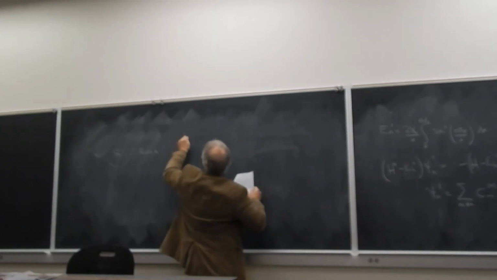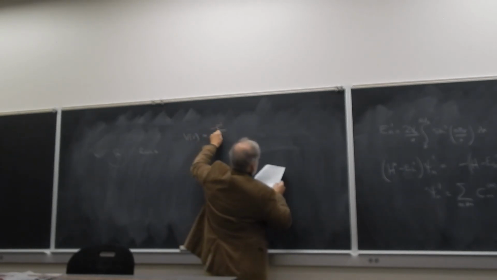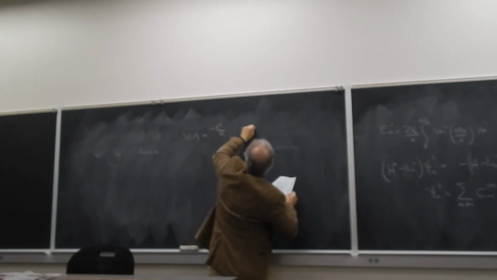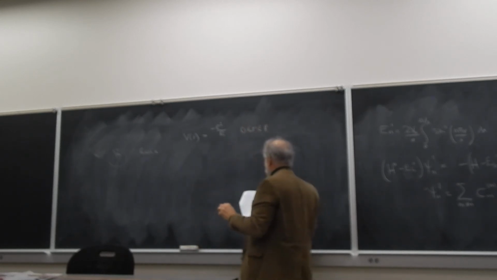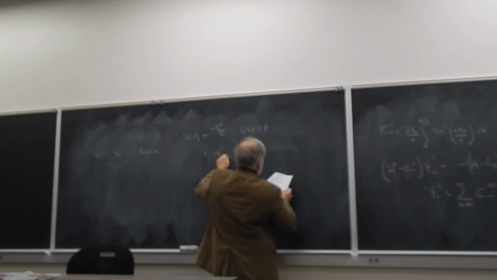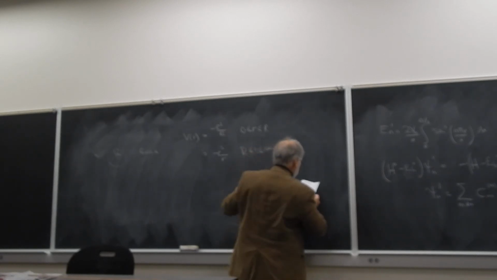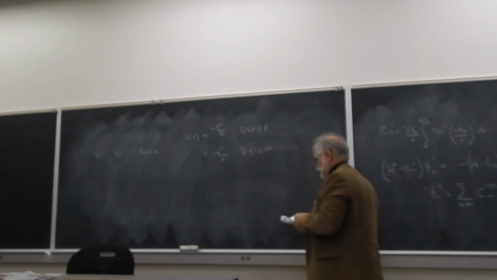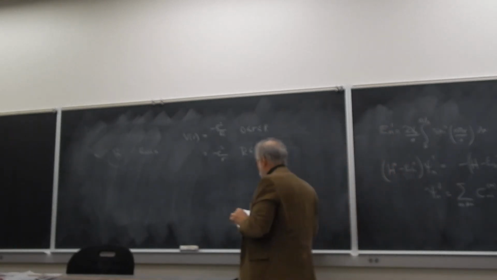So we'll do it this way. We'll assign a potential V of r equal to minus e squared over R for 0 less than r less than capital R, which means you're inside the proton. And it's equal to minus e squared over little r for capital R less than r less than infinity. So those are my potential energies, right?